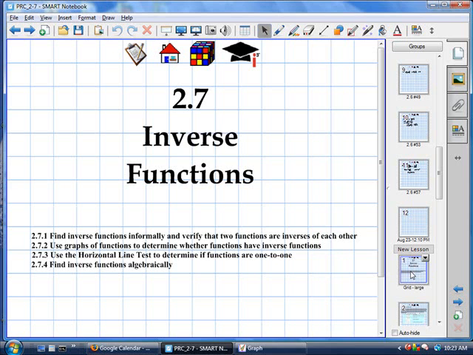And then here's a new one, the third objective: use the horizontal line test to determine if functions are one-to-one. Up until now we've only been using a vertical line test because we've only been checking whether something is a function. This is the first time we've tried to figure out if they're one-to-one. We're going to show you that today.